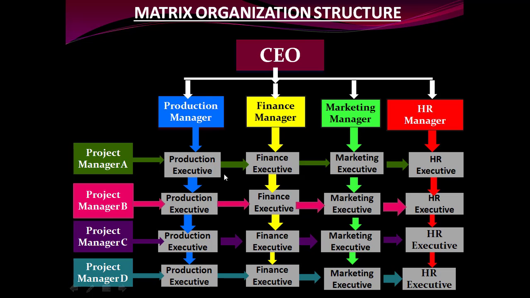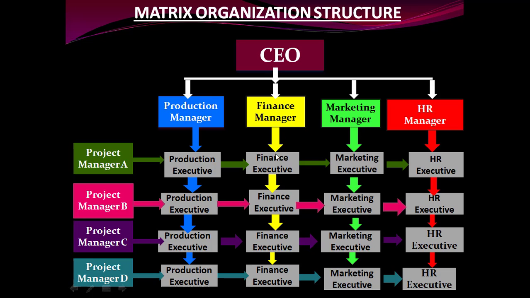So here there are employees from the production department, finance department, marketing department and HR department. All these employees will have to report to the project manager and also to their respective departmental managers. So for the production executive, his bosses will be the project manager and the production manager.